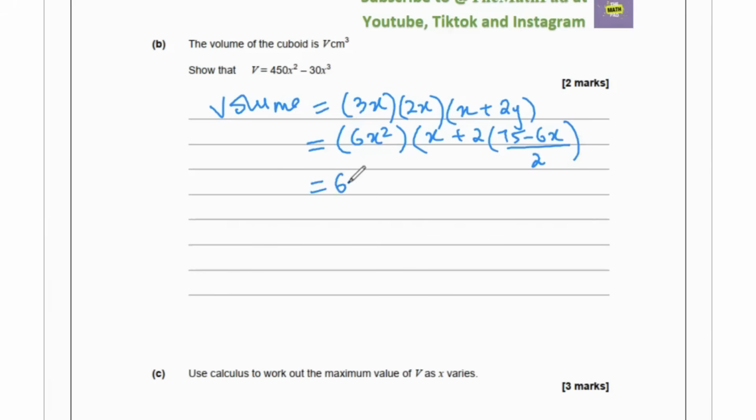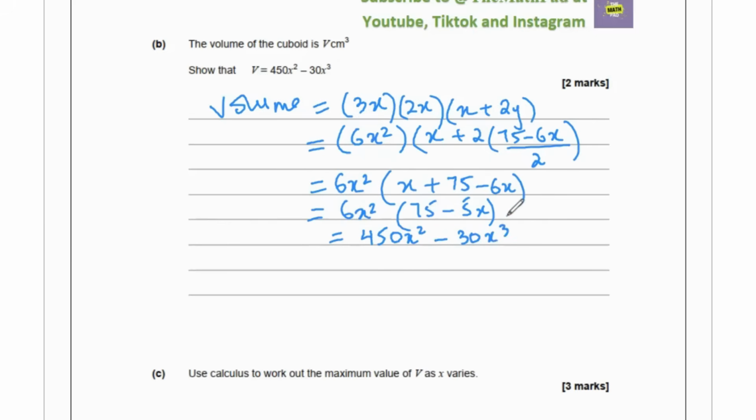So that's 6x squared (x plus 75 minus 6x). That's 6x squared times (75 minus 5x). 6 times 75 is going to be 450x squared. 6 times 5 is 30x cubed. Exactly the same as what's given in the question.